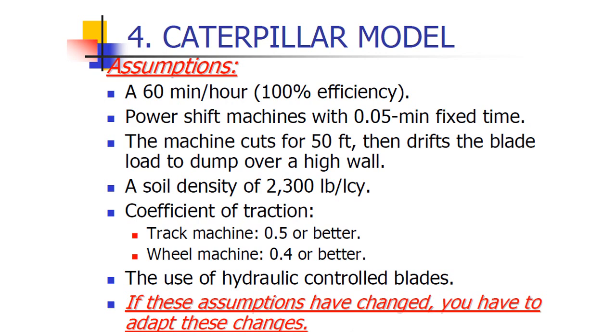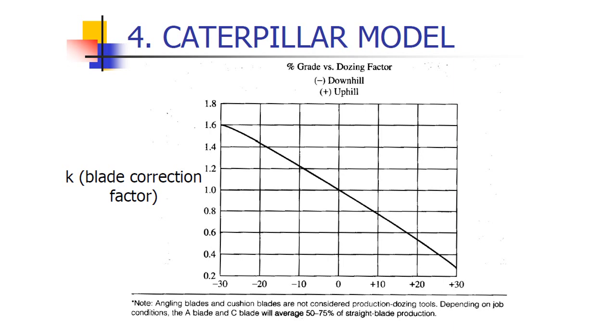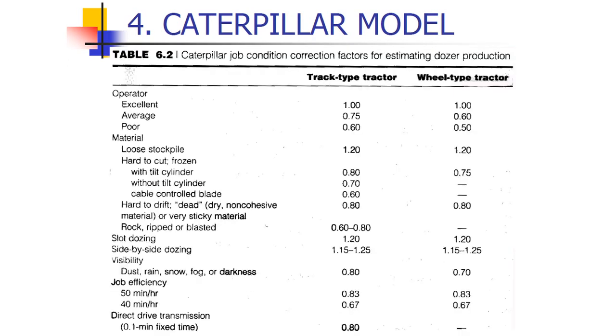So this is simply how you adjust things here. Again, we get the ideal production from the curve and multiply it by the correction factor. Of course, the K-blade correction factor that we have discussed previously applies here too.